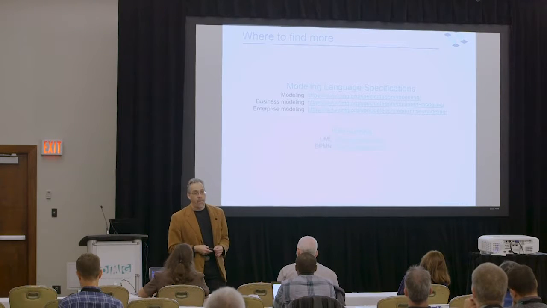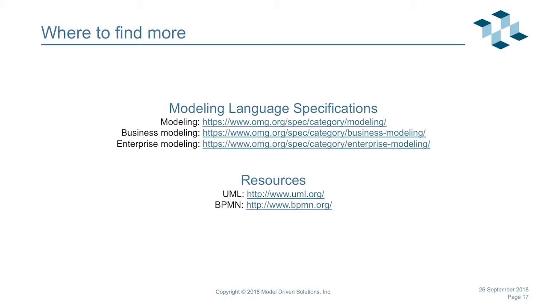So that is the roadmap for modeling languages. Where do you want to find more? OMG has an extensive catalog. The areas that I showed you specifically are in the categories of modeling, business modeling, and enterprise modeling, not surprisingly.